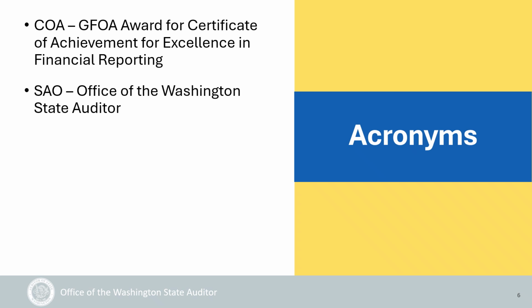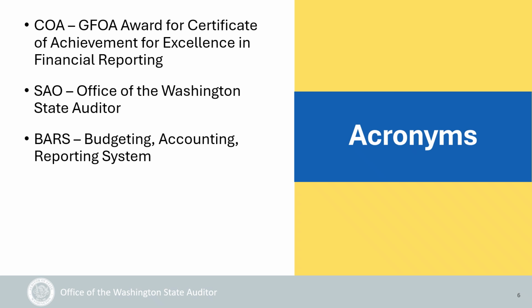SAO is for the Office of the Washington State Auditor. Throughout this session, I also refer to SAO as our office or the office. BARS, Budgeting, Accounting, Reporting System, which is the Washington State legally required prescribed accounting and reporting for local governments and is issued by SAO.